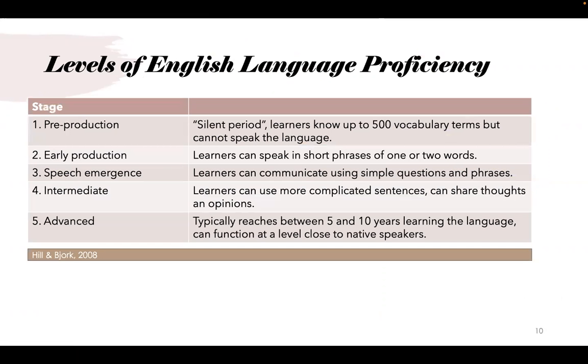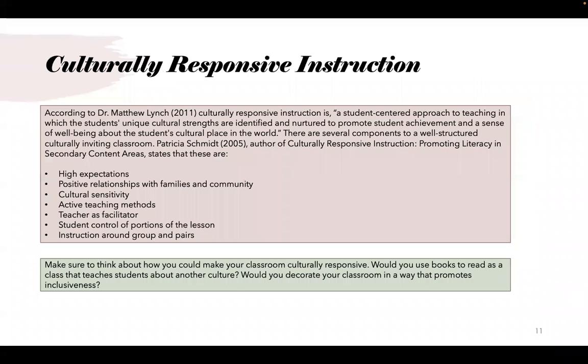So here we have the English levels of language proficiency: pre-production, early production, speech emergence, intermediate, and advanced. I'm not going to spend too much time because this differs a little bit with what we work with.